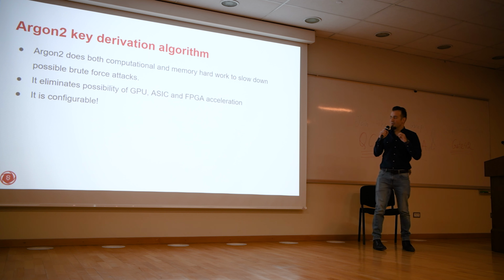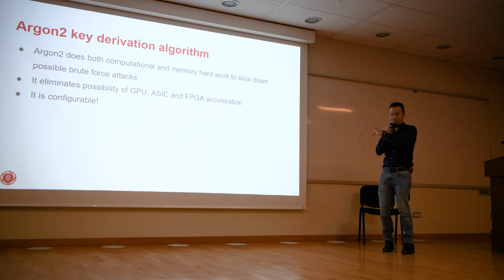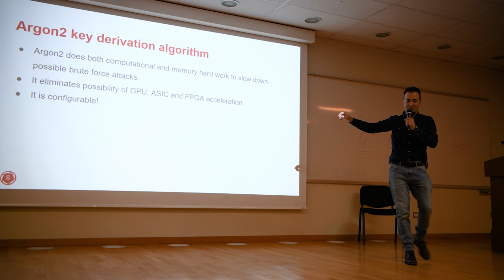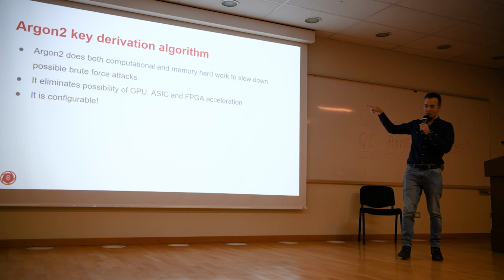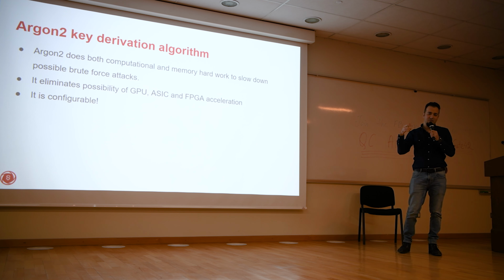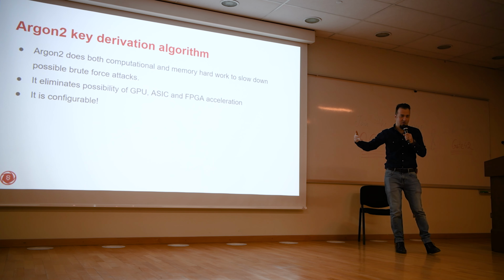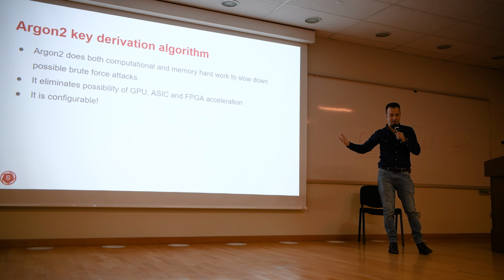So what we need to do here, so the Argon2 finally came back. So what does the Argon2 do? It does both computationally and memory hard work. So what does it mean? For each try, for each derivation, it needs to do a lot of computation work, which requires a lot of memory. And ASICs don't have a lot of memory.